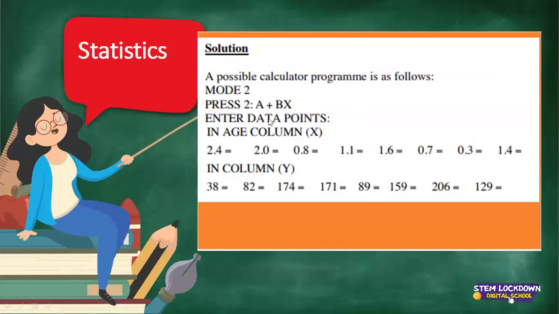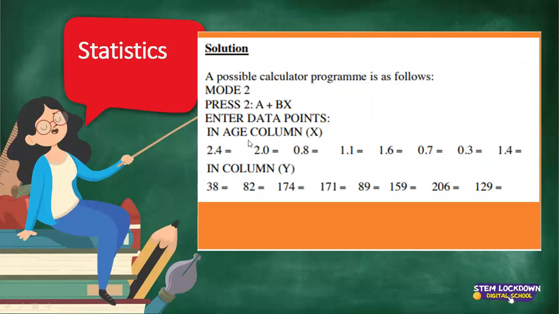To do that, after pressing your mode and choosing 2 for the equation A plus BX, two columns will appear. In your X column, you input your independent variable, which is the age in years. You enter 2.4, press equals, 2.0 equals, 0.8 equals, 1.1 equals, 0.6, so you enter all your X values.